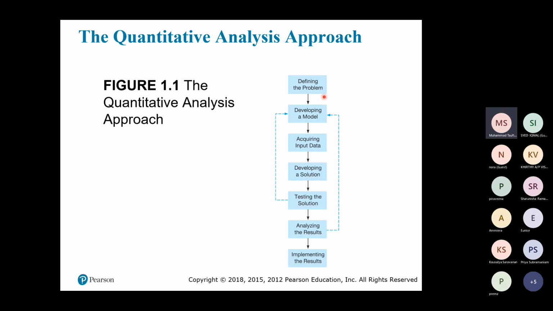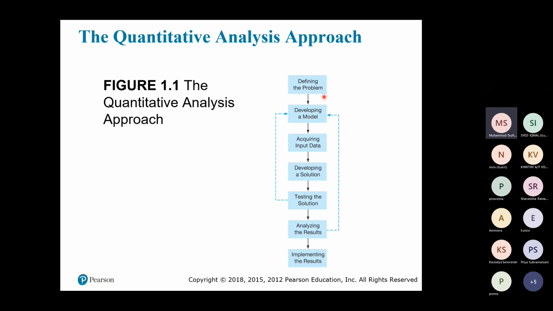Okay, so these are the process of quantitative analysis. You start with understanding your problem, develop the model, then you gather the data, develop the solution to solve the problem, and then you test your solution. If it fails, then you have to check back your model.